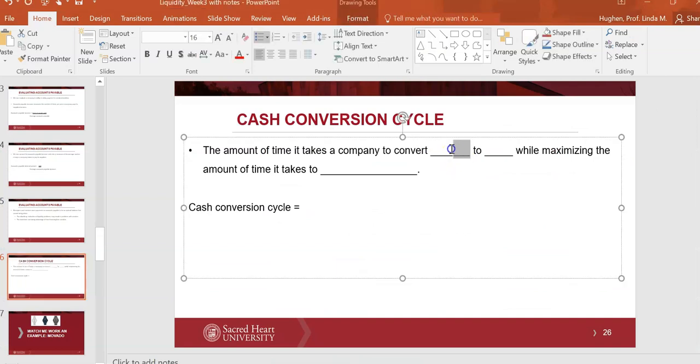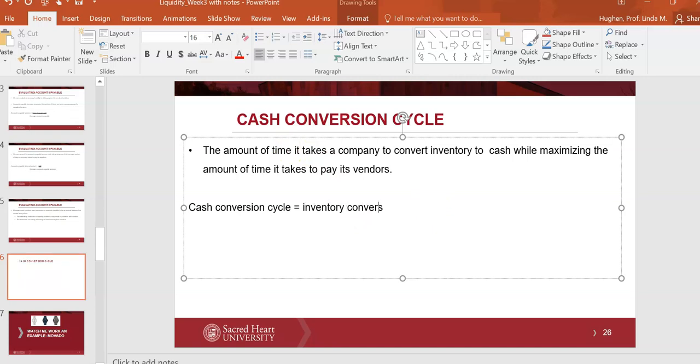The cash conversion cycle is the amount of time it takes a company to convert inventory to cash while maximizing the amount of time that it takes to pay its vendors. So the cash conversion cycle is simply the sum of the inventory conversion period plus the receivables collection period.